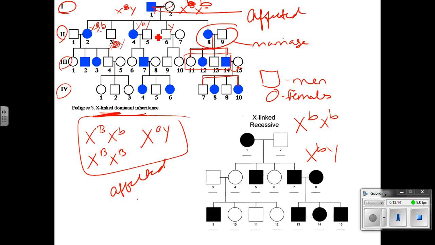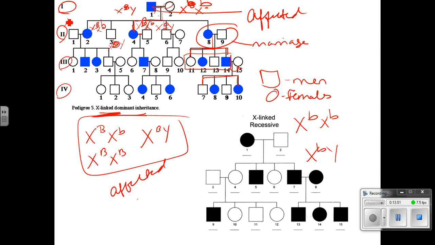This is a female, so it's going to be X, affected with big B from dad, and then little b from mom. And then this is a male, so Y from dad. I'm so used to thinking of it being recessive. That one is going to be unaffected because it has to be a big B for them to be affected. And then you could keep going and look at the children.